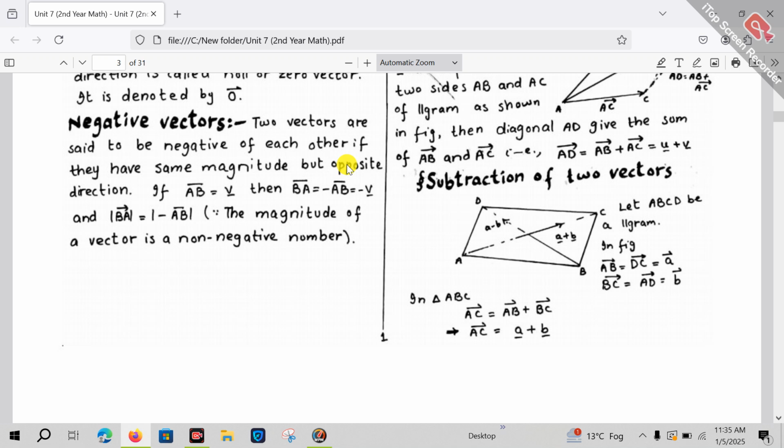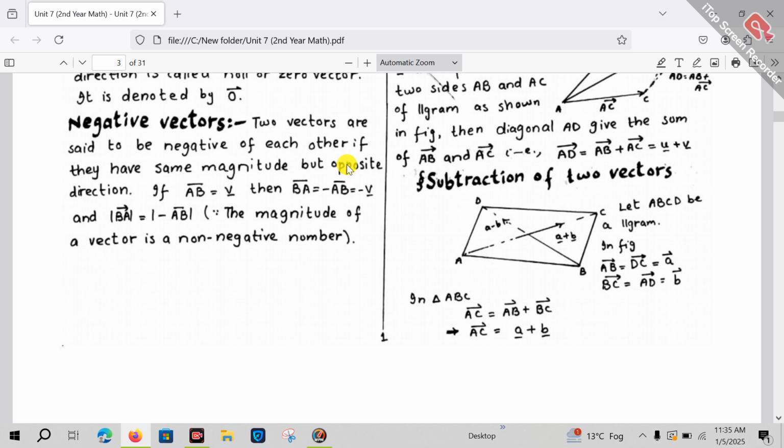So a vector v is called the negative of the other vector if they are in the exact opposite direction. If one vector is from left to right, the other should be from right to left. If this is possible, then these two vectors are said to be negative of each other. So this is the simple concept of the negative of a vector.